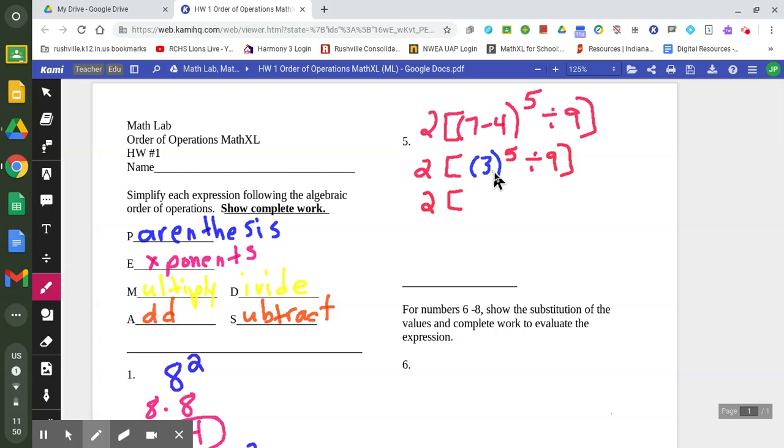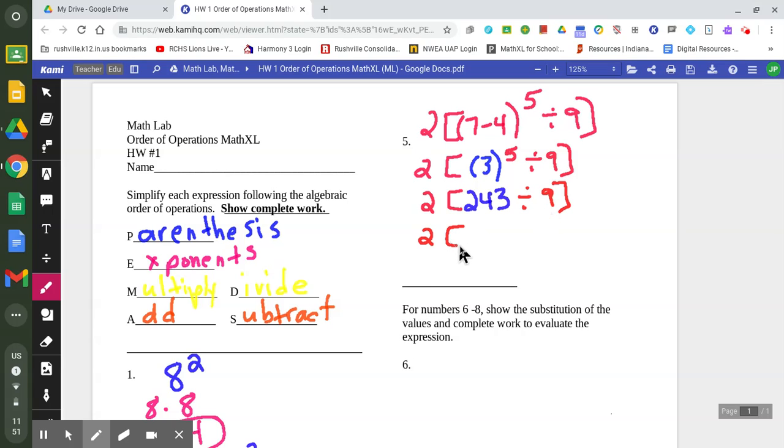So you will go 3 times 3 times 3 times 3 times 3, which is 243. And then I have the divided by 9 still. And then I need to do the 243 divided by 9 in my calculator.